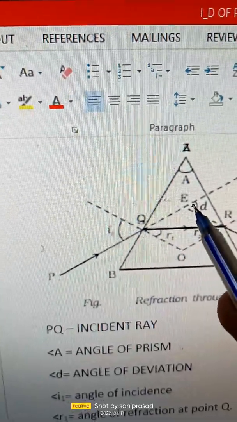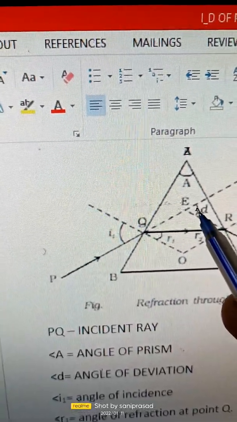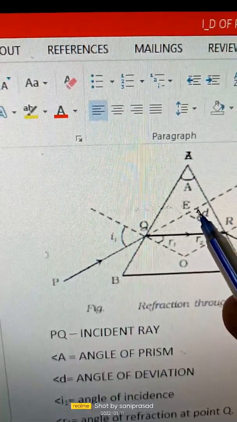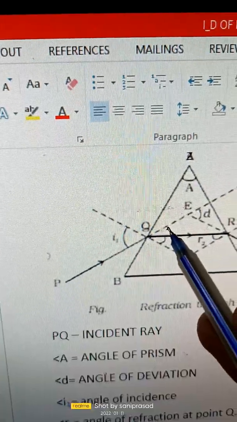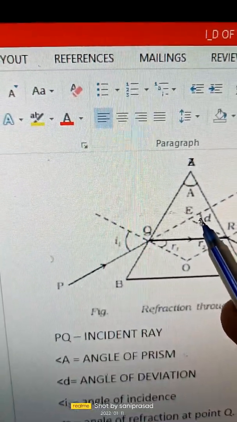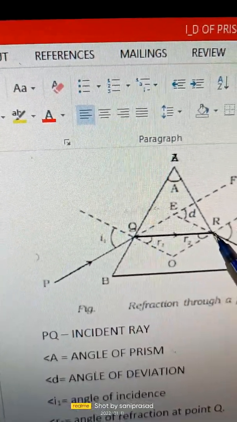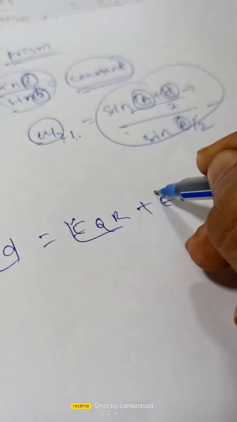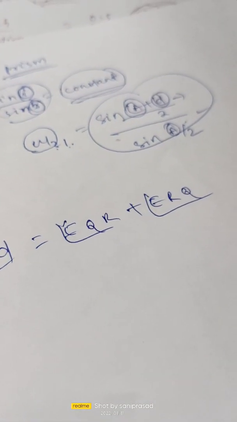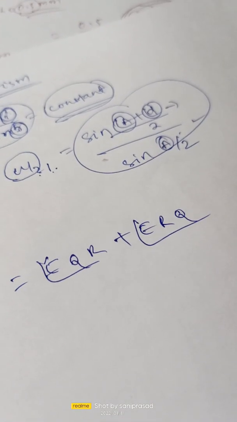In this triangle, what will be the angle of deviation? This is the outer side, so the angle of deviation will be the sum of the two inner angles. So D is equal to EQR plus ERQ in this triangle EQR.